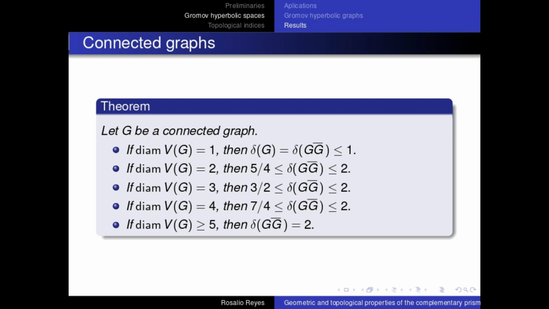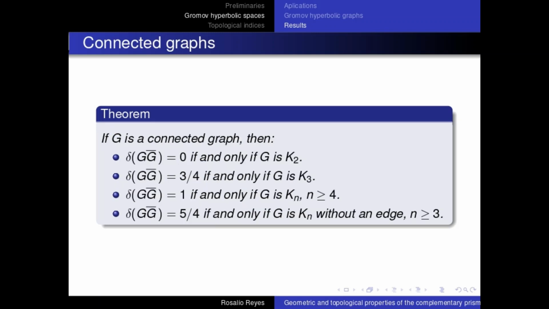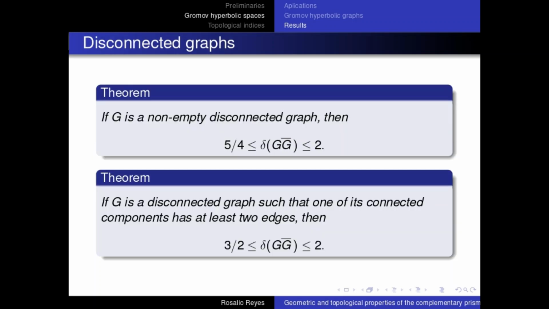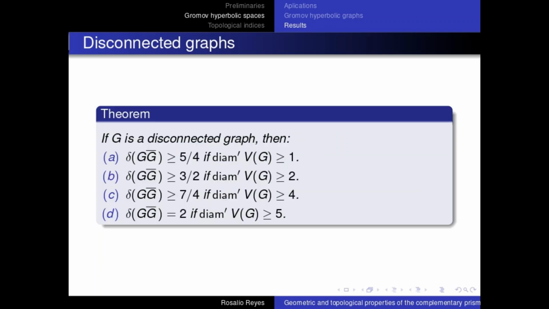All the previous results can be summarized in the following result. We also have the following result. Subsequently, we consider disconnected graphs. In this case, this diameter is the diameter of vertices obtained by removing edges connecting vertices of degree 1.